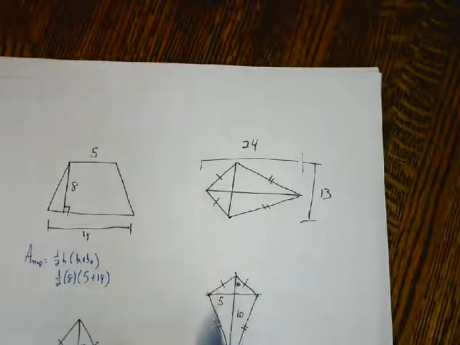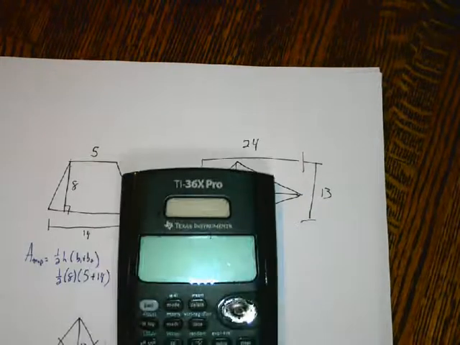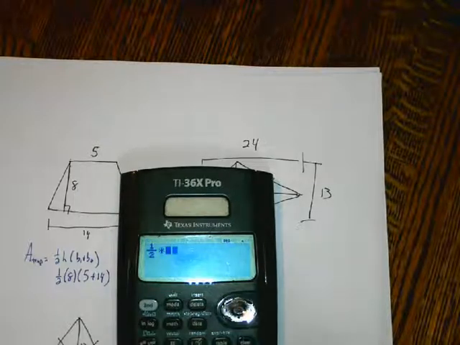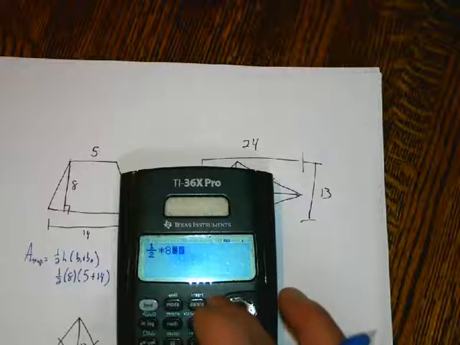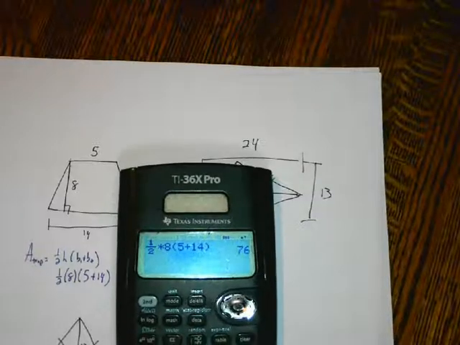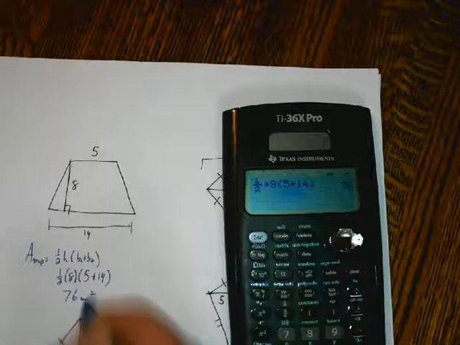Once again, I can type it in my calculator exactly the way that it's written. So 1/2 times 8 times, should use parentheses there, 5 plus 14, and voila, I get 76 something squared.